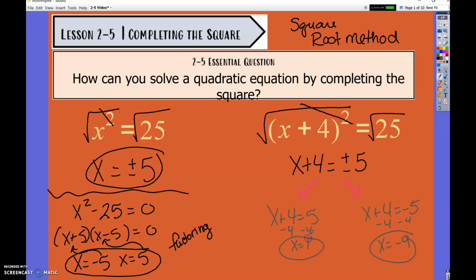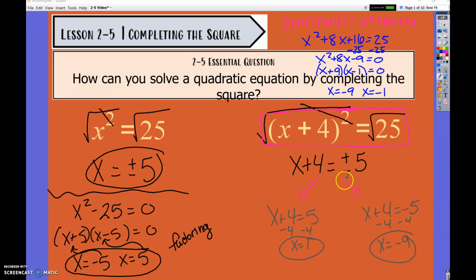Now, these still, like the last one, find our x-intercepts, or our zeros. But one thing that's kind of interesting to note, if you remember from 2-2 or 2-3, where you were supposed to take the vertex form and multiply it out into standard form, you might take something like this, x plus 4 squared equals 25, and multiply out your x plus 4 squared.